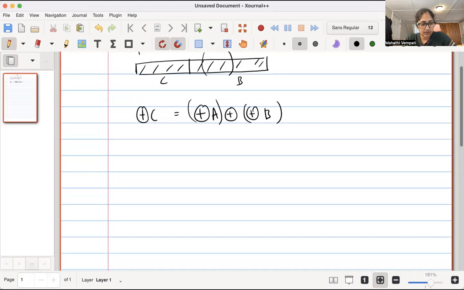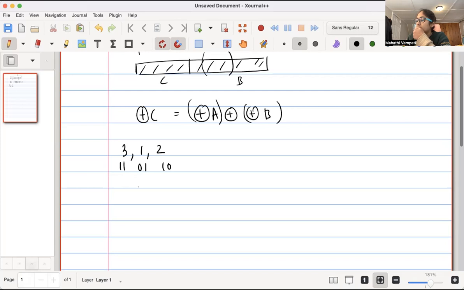Okay, let's try the examples. 3, 1, 2. 3 is 1, 1, 1, 0. So if I take just this, 1, 1, not a square.